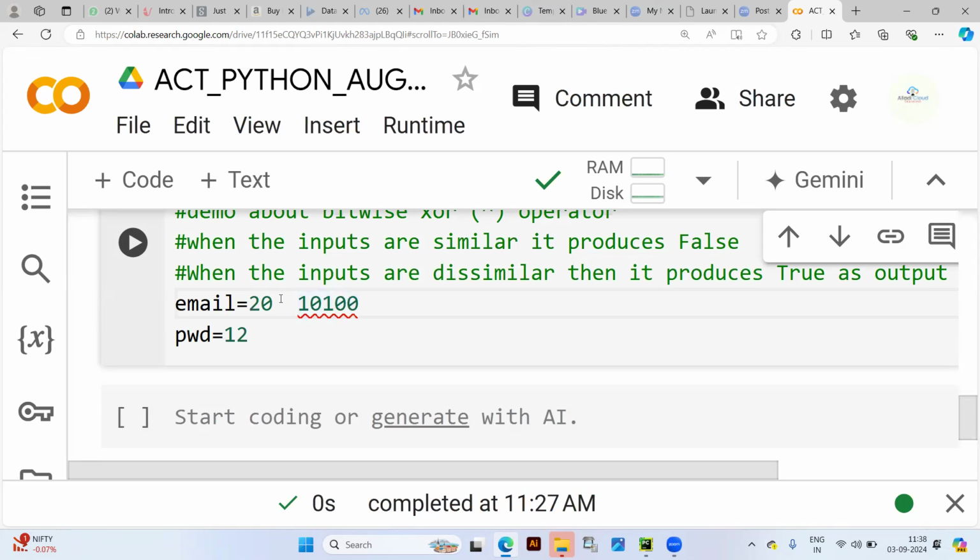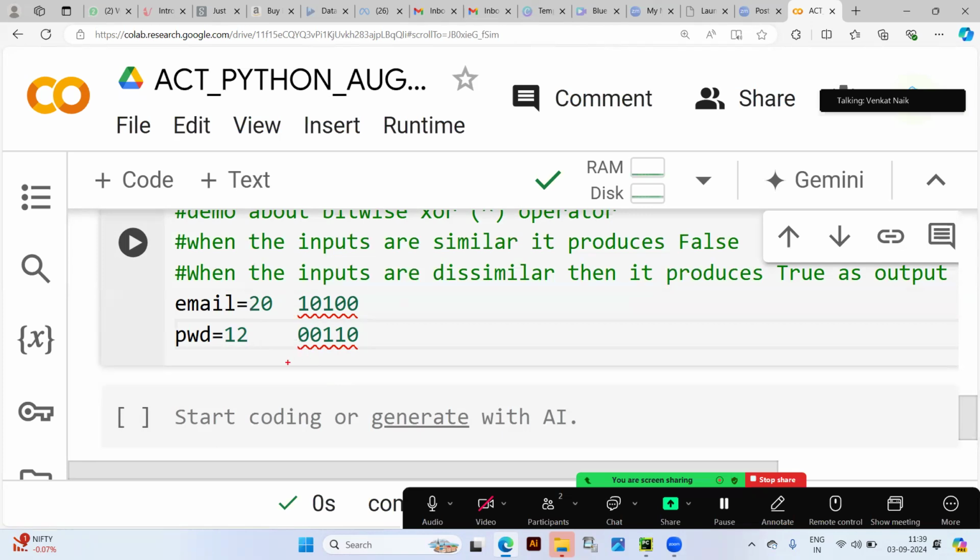Correct? Yes. Next, 12. 12 means what? 8 plus 4 is going to be 12, right? So 0, 1, 1, 0. The last is kept as a weightless, which is a 0. Now, if we perform the exclusive operation, what?